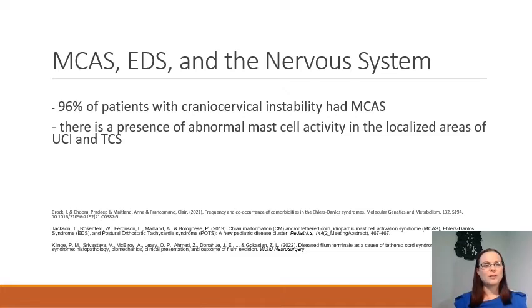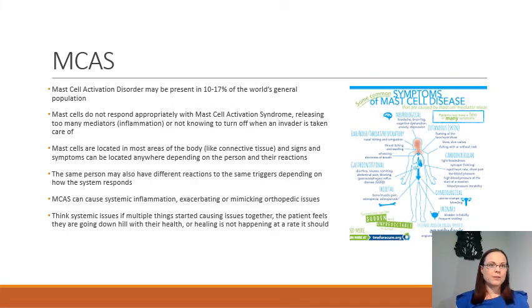And then also they're finding the presence of abnormal mast cell activity in the localized areas of upper cervical instability and tethered cord syndrome. So again, chicken or the egg scenario, something is happening with mast cells. And again, it's something that really needs to be addressed in tandem with rehabilitative manual work to make sure that we have long-term effects.